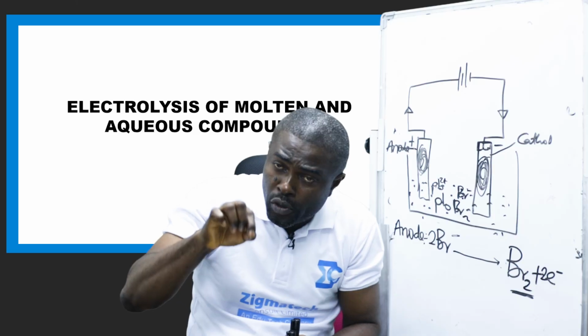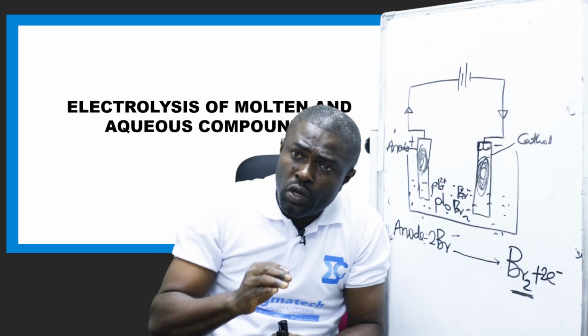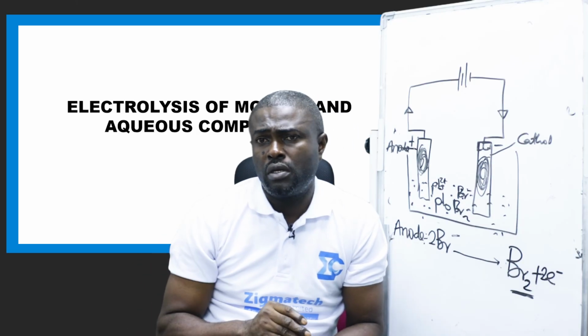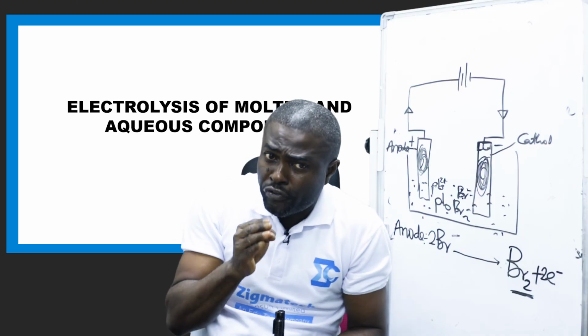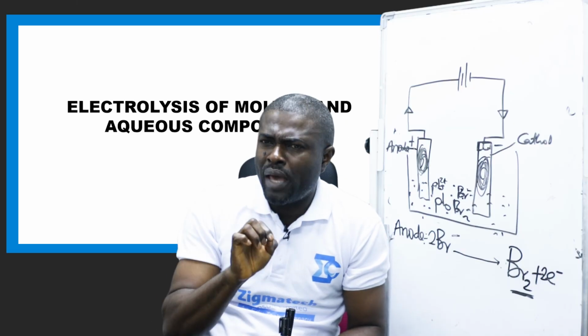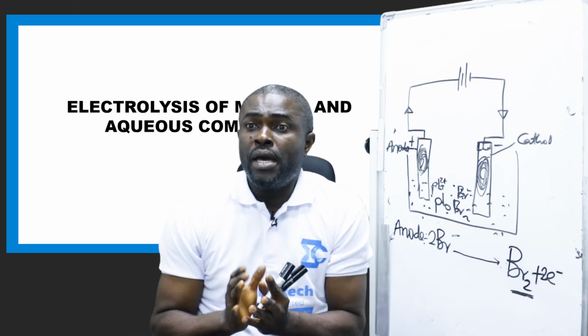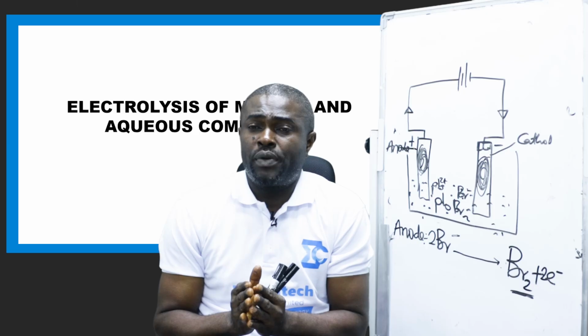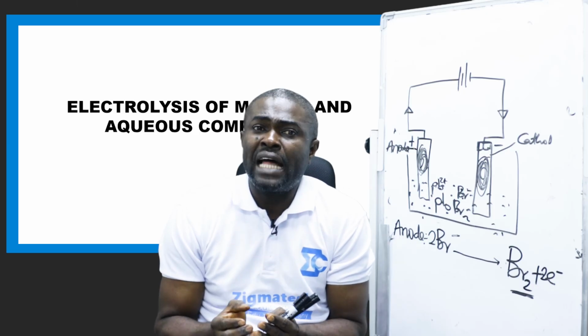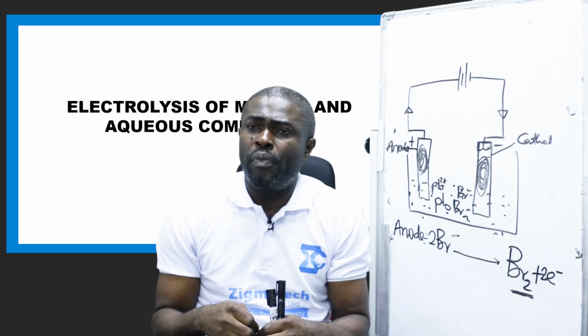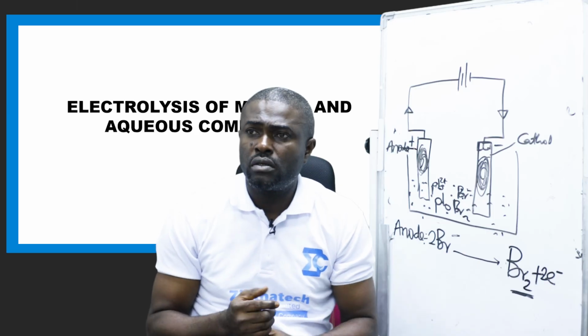Now, imagine when we decide to use the aqueous form of this compound. What do I mean by aqueous form? We are not just melting the compound so that it separates into 2 ions. We are dissolving the compound in water.